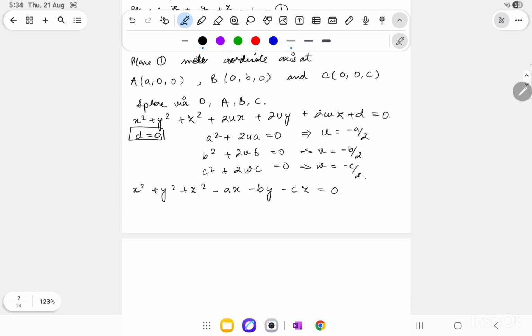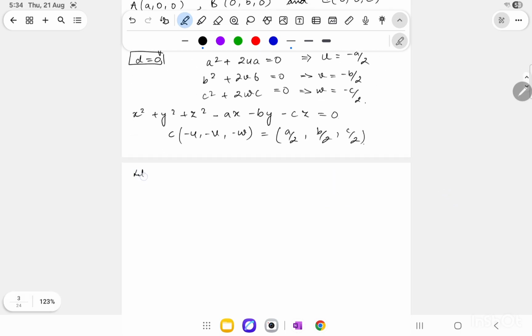Further, I can just find the center of the sphere because I am supposed to locate the center. So the center of my sphere passing via O, A, B and C points will be (-u, -v, -w). That is basically (a/2, b/2, c/2).